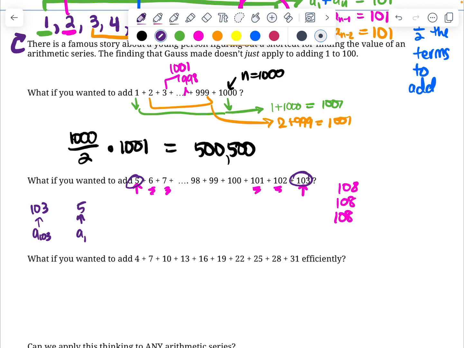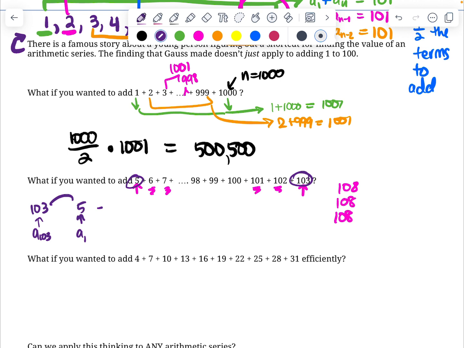there would be, sorry, that's A1. Yeah, 103. There would be 102 numbers in between them, right? 102 positions.